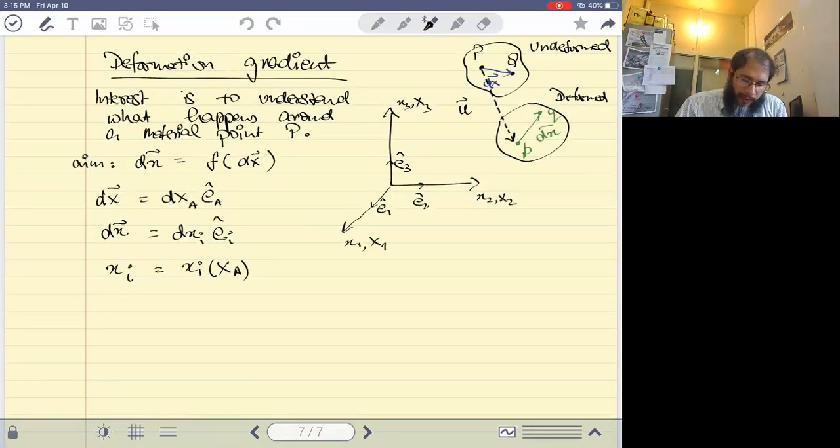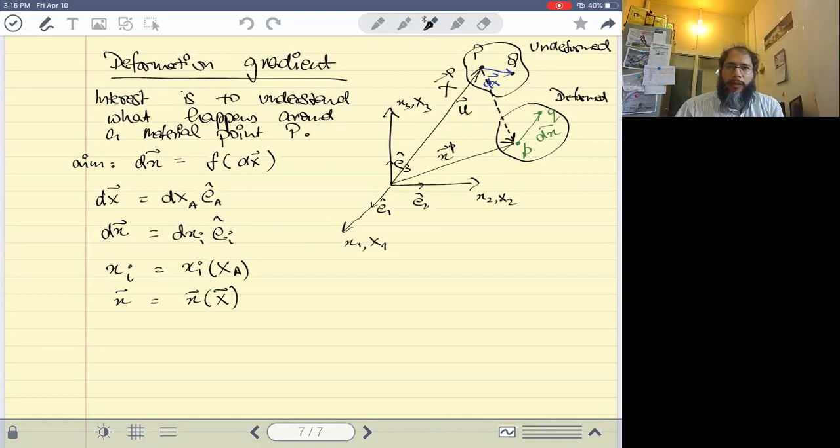In symbolic notation, what we're saying is the small x vector, the position vector of a point small p here, is small x as a function of capital X. Just to make things clear, this vector is the position vector of point small p, and this vector is the material coordinate, or the position vector in the material or undeformed coordinate system, of capital point P.